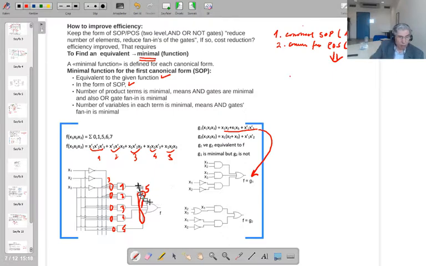If the number of AND gates is minimal, then this OR gate fan-in is going to be minimal. So that means minimal function, minimal cost, under the condition that it is sum of product form. So if it is sum of product form, this is a constraint.